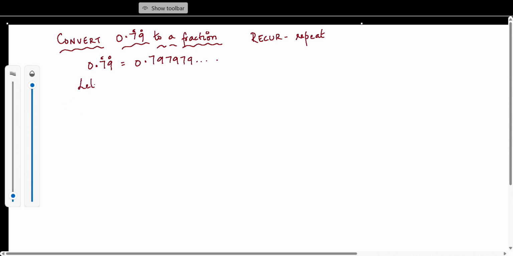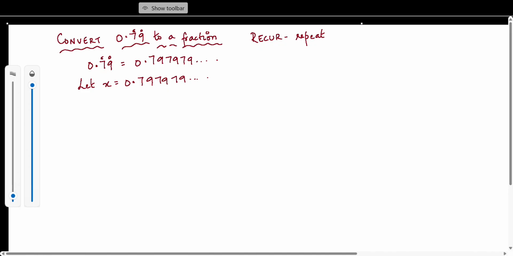Let us take x to be whatever is the question. Now analyze the number of decimal digits and the number of digits repeating. Number of decimal places is 2 and both are repeating. Both are same here.